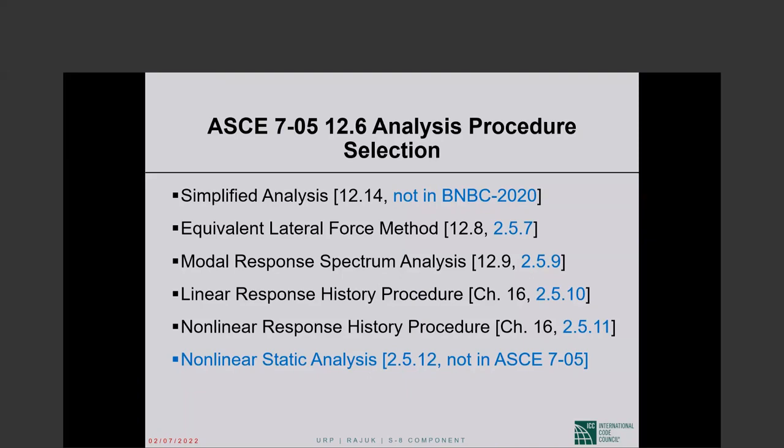The difference between elastic and nonlinear response history analysis, linear and nonlinear, is that in the first case of linear response history analysis, we assume that the structural members remain elastic throughout the seismic response.